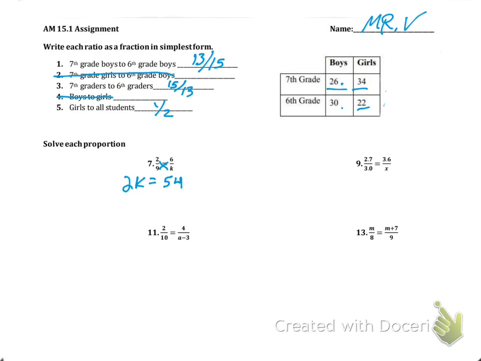Divide both sides by 2. 54 divided by 2 is 27, so k equals 27. Going on to 9. 9 has decimals, but that's okay. I would have 2.7x is equal to 3 times 3.6, which would be 10.8. Then I divide that by 2.7 to get x by itself. I get 4.